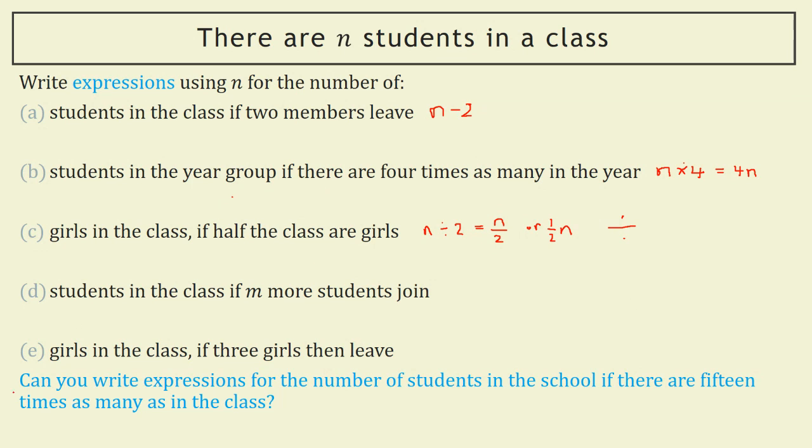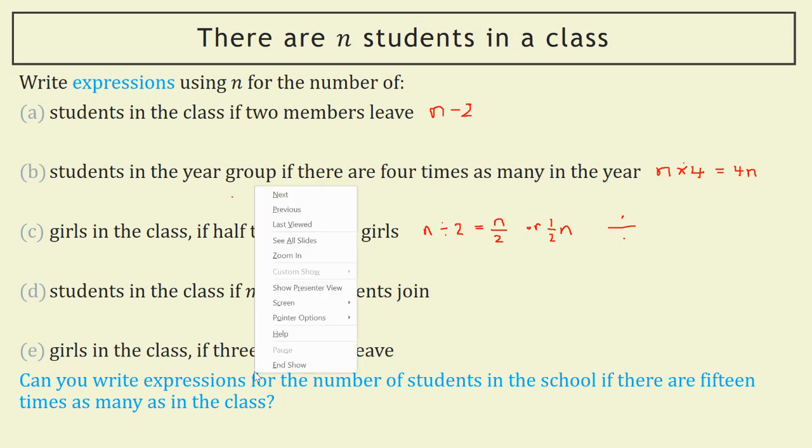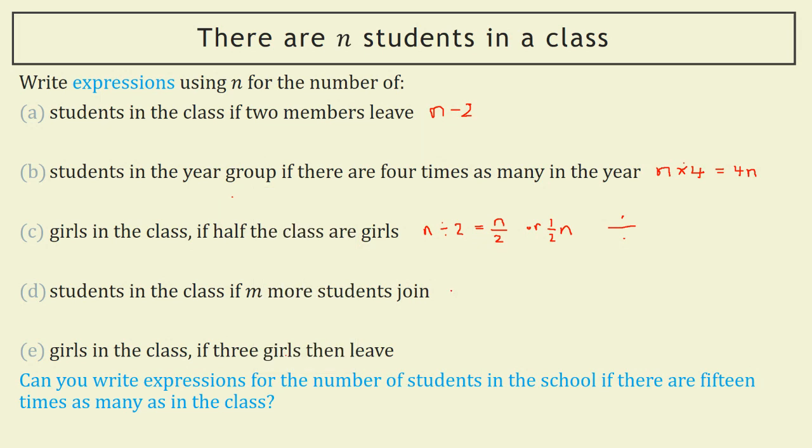So if we had n students in the class and then m more students join, we're using another letter for the number of students that joined. I had n to start with and m more come in, so I'm going to add those m on. First expression there where we've got 2 letters involved: the original number of students plus the number of students that have joined.